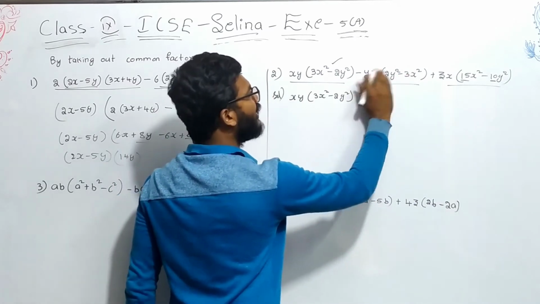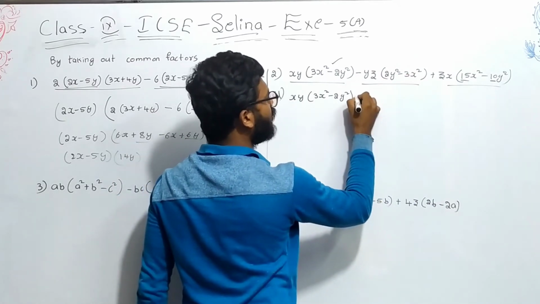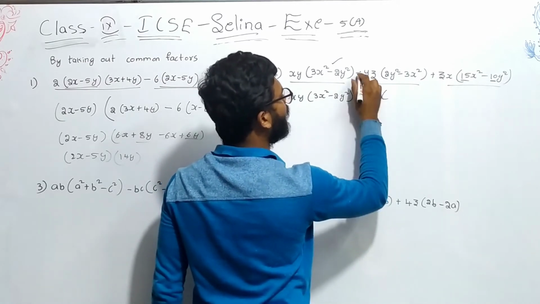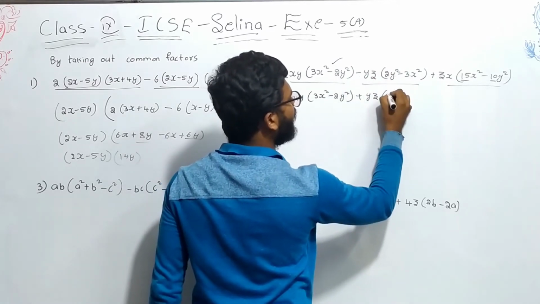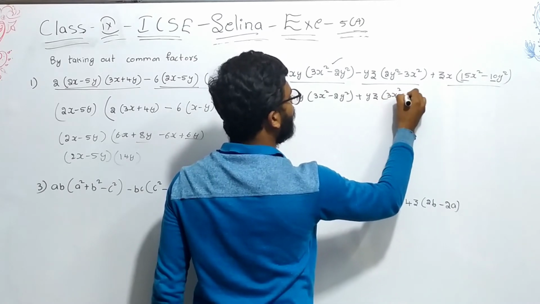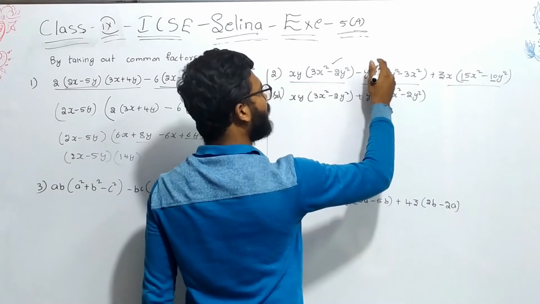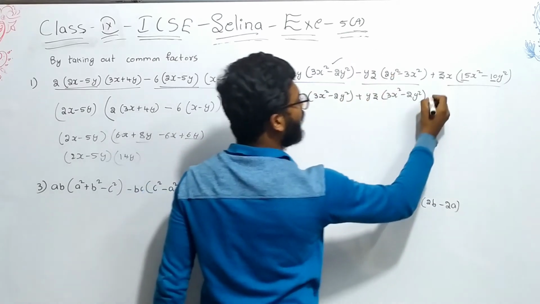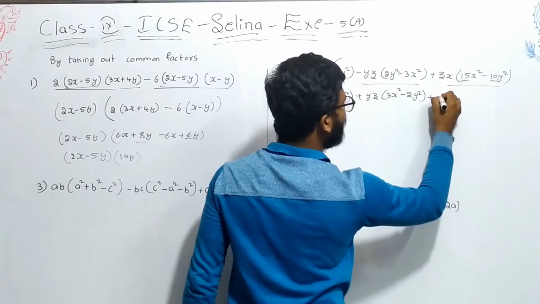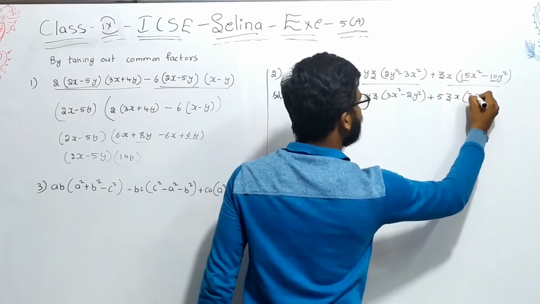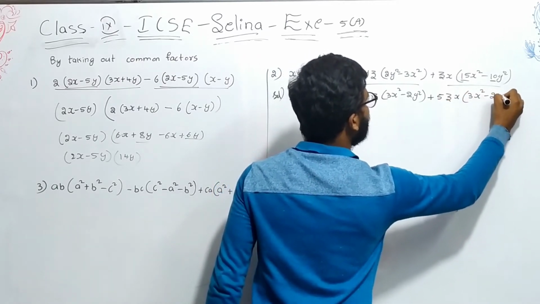See, I have to interchange, which means I have to take minus common. So plus yz, if I give that minus inside, it will become minus 2y square plus 3x square. So 3x square minus 2y square. Or interchange means keep the minus here. So minus into plus. Plus, it is 5 common here. So 5zx into 5 3 is 15, right? So 3x square minus 2y square.